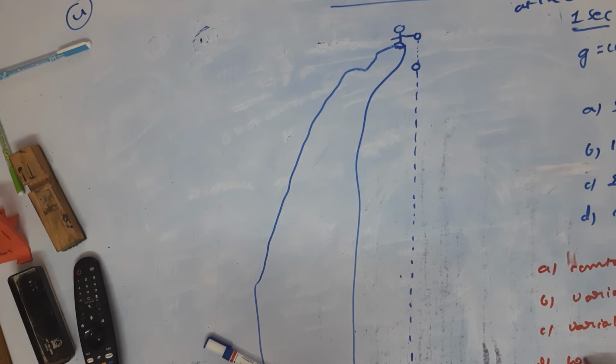Both A and C. Come on, answer this question carefully. This is a free fall, it is falling with constant acceleration, variable velocity. Chandana, very good, excellent, super. Both A and C. Okay.